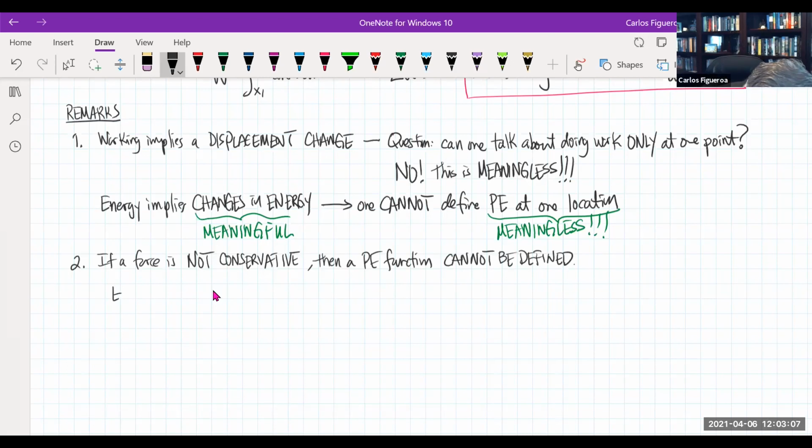As an example here, consider frictional work.